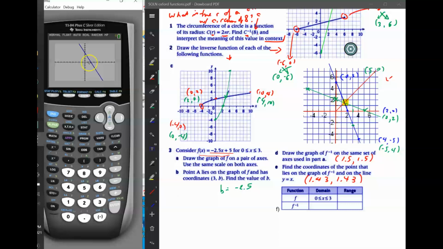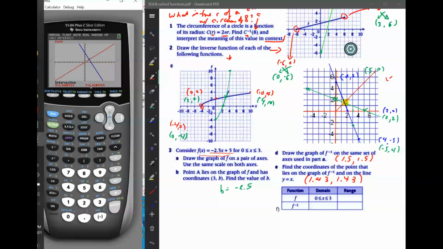By coincidence, on the graphing calculator, it's also a blue line and a red line. Then I'm going to do second calc, intersect, number 5, and then I hit enter 3 times. And 1.43, right?